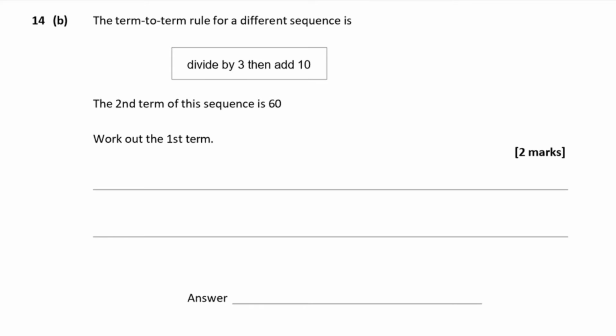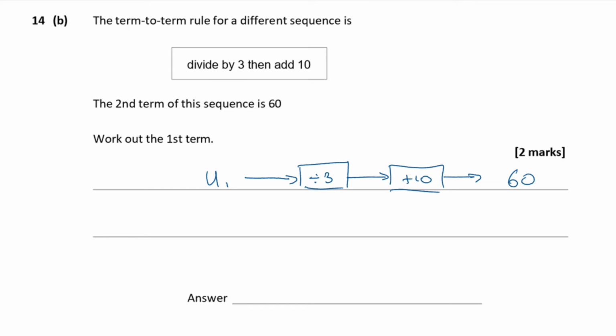I'm going to express this as a function machine. I've got my first term here, and it goes into a function machine where it's divided by 3, and then 10 is added to it, and I get my second term out. Now I'm told my second term is 60, so I want to work backwards to work out what my U1 term is.